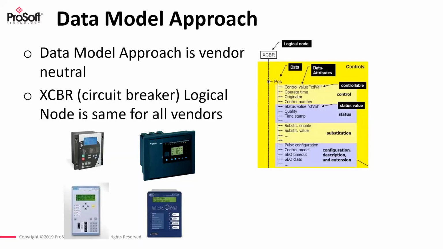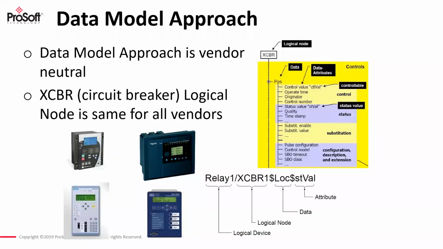And so that allows users of the IEC 61850 protocol to not necessarily be locked down with a particular vendor, but it also makes the implementation of devices much easier because you know what information is going to be required, and you know what the structure of that data is going to be. And so you've got something like Relay1, XCBR, Loc, and then stVal is the status value right there.